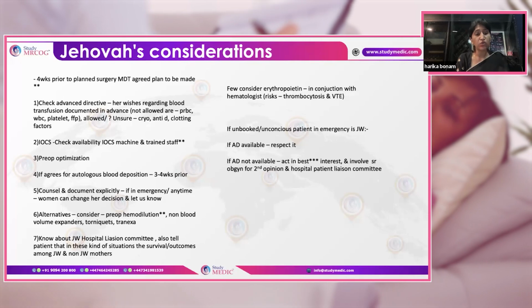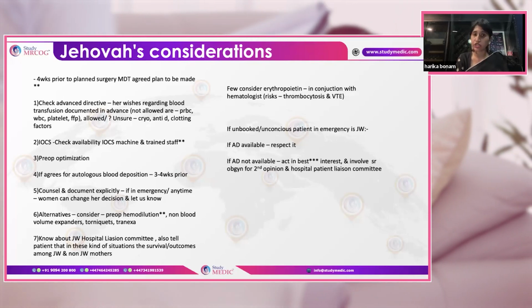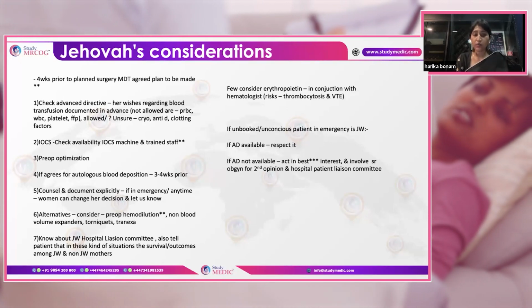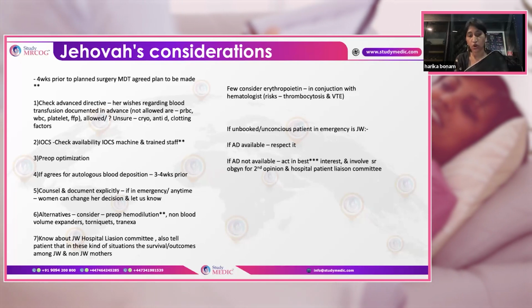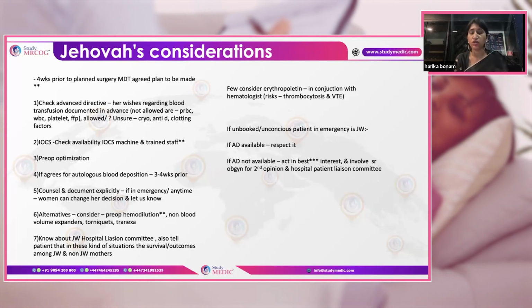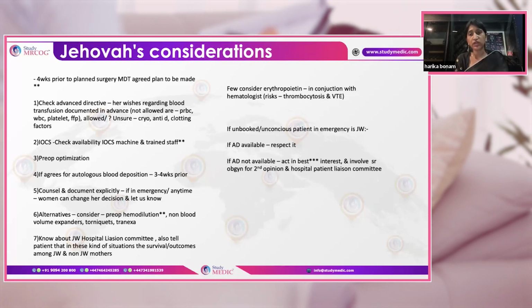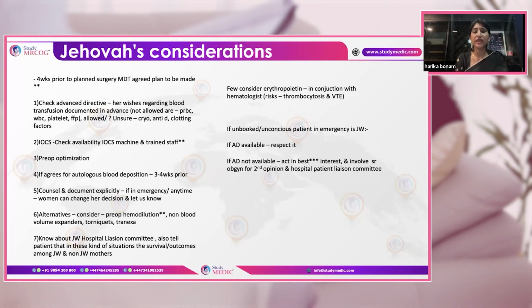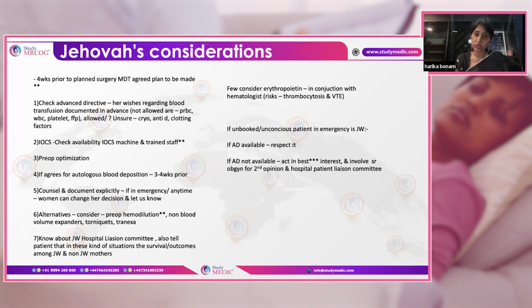And always know about the Jehovah's Witness hospital liaison committee. You have to tell the patient very clearly that in these kinds of situations, when you compare the survival or outcomes between Jehovah's Witness patients and non-Jehovah's Witness mothers, the outcomes are better in non-Jehovah's Witness mothers. In a few situations, you can consider erythropoietin also in conjunction with hematologists, but erythropoietin can risk thrombocytosis and venous thromboembolism, so involve your hematologist.